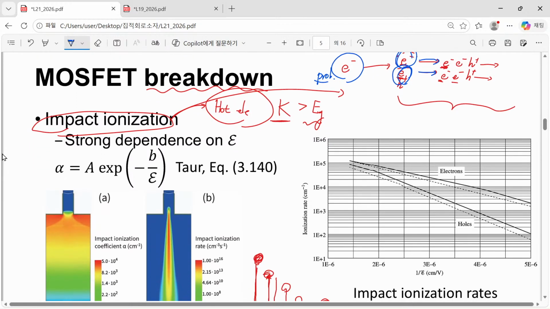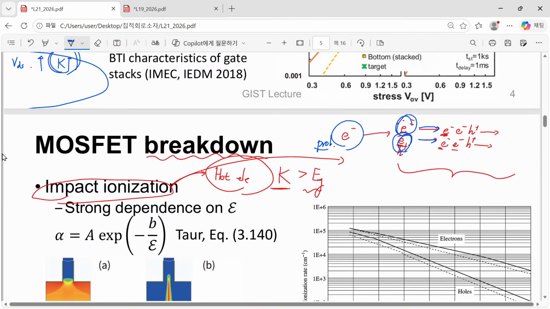Eventually, when you apply extremely high drain voltage, this chain reaction overcomes a certain boundary and becomes self-explosive.